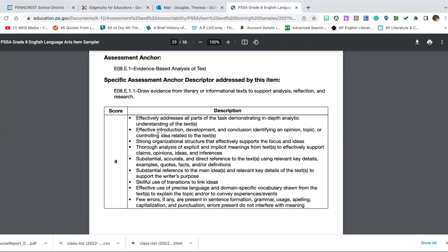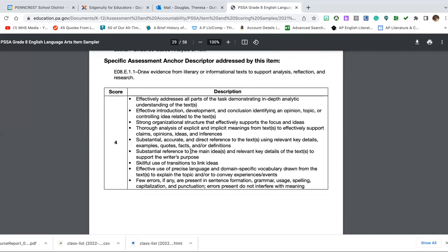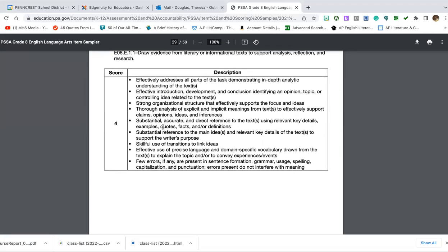It also indicates that you have an effective introduction, development, and conclusion, identifying an opinion, a topic, a controlling idea related to the text. It also indicates strong organizational structure that effectively supports the focus and ideas, thorough analysis of explicit and implicit meaning from texts, and effectively supporting your claim, your opinion, your ideas, or any inferences that you may have.